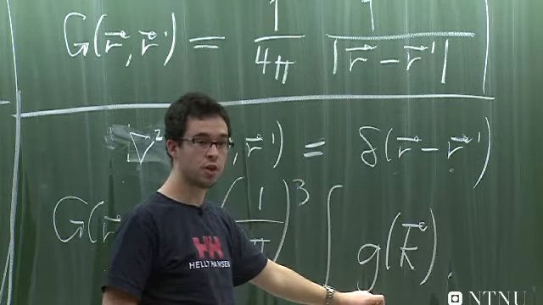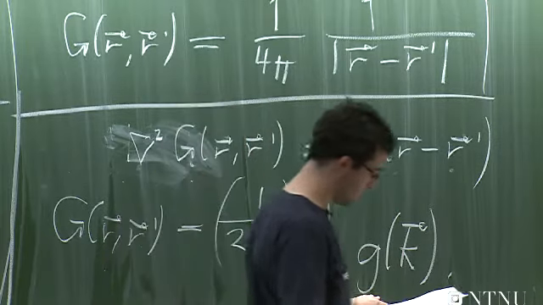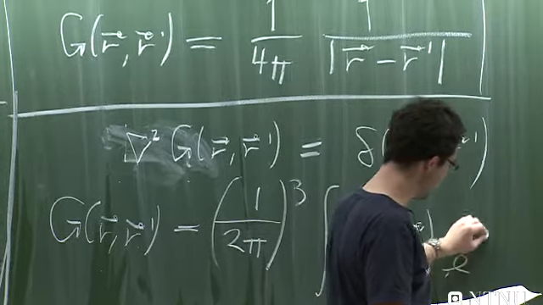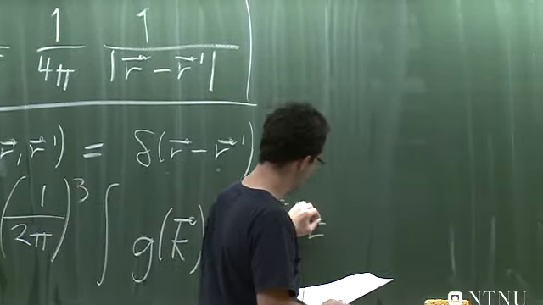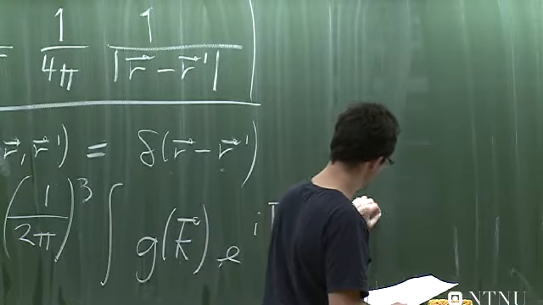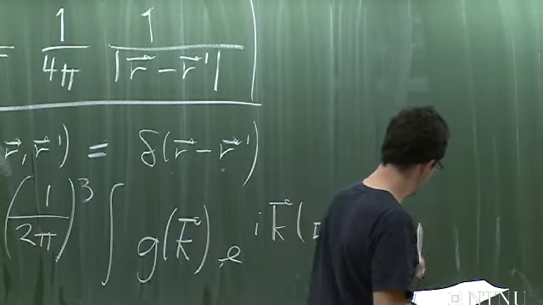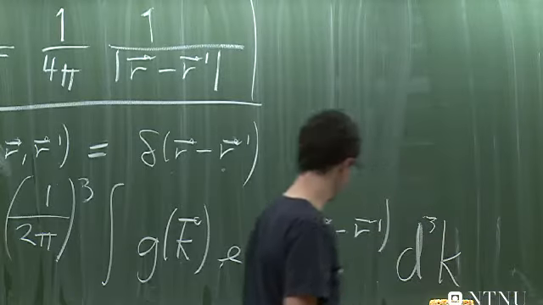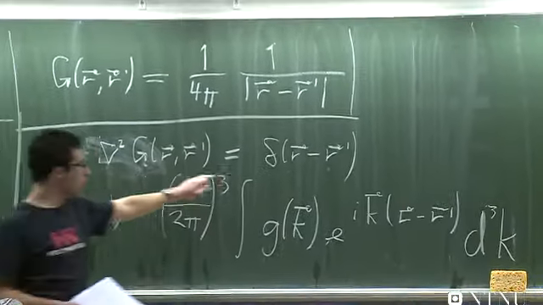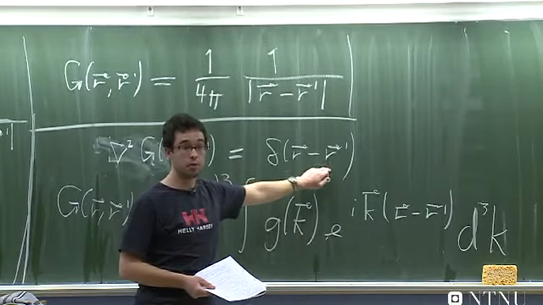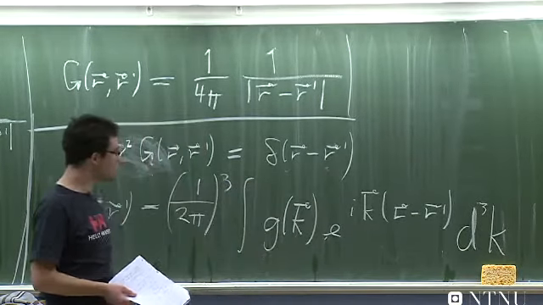These are the Fourier coefficients of the Green's function. Then the plane wave, e to I k r minus r prime d3k. Note now that the Green's function is actually only a function of r minus r prime because of the symmetry here. This simplifies things somewhat.